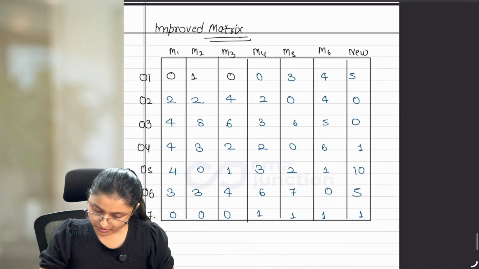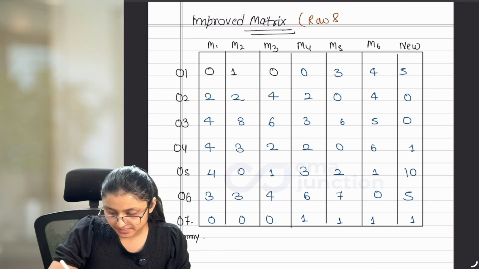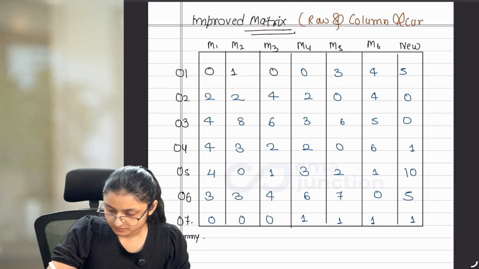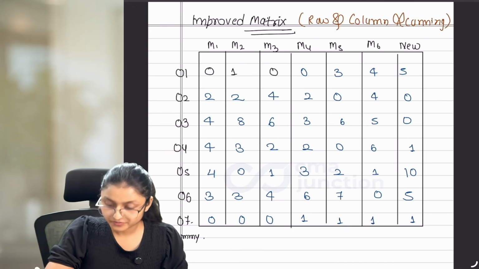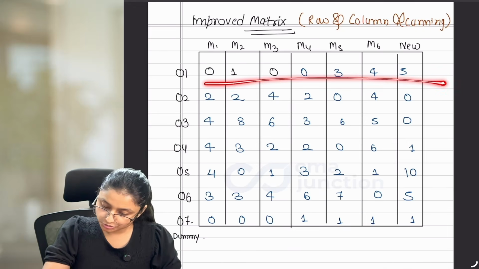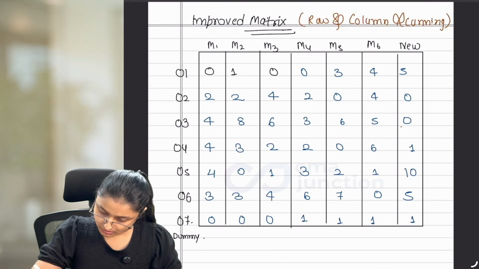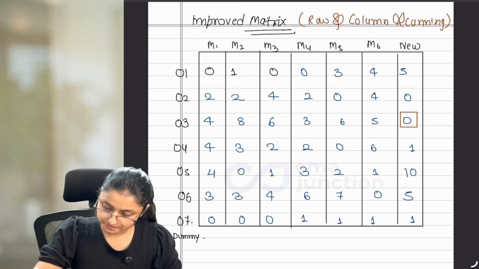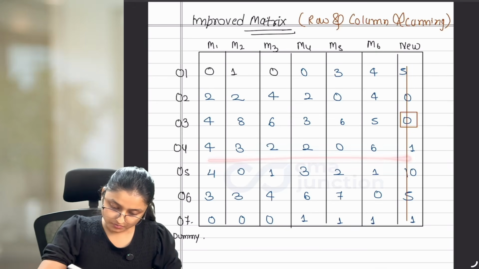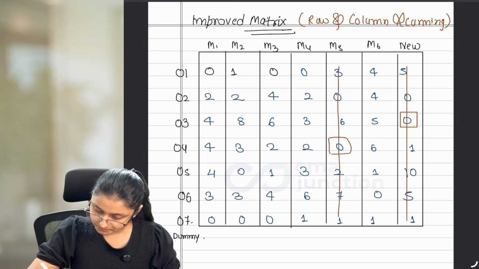Now we can move forward, and in this improved matrix, what to do? Row and column scanning. Let's do that and find out whether we are finding our optimal solution or not. So here we have 3 zeros, skip, 2 zeros, skip, 1 zero, mark and cut the column. Next, 1 zero, mark and cut the column.